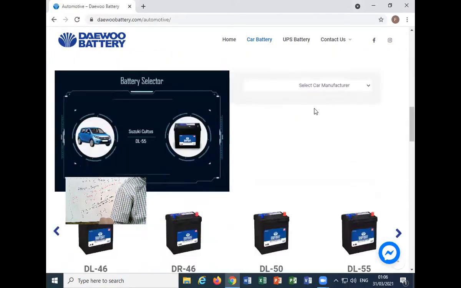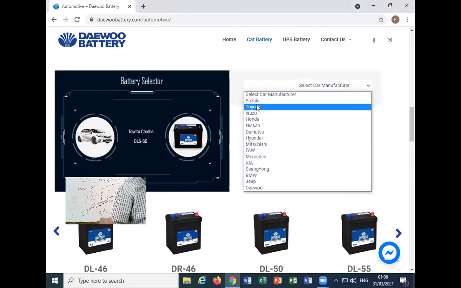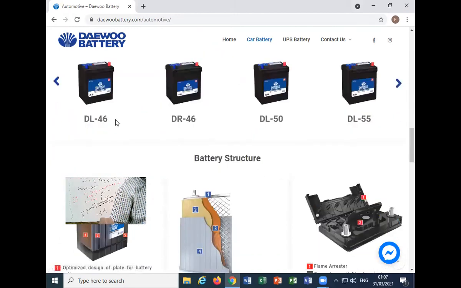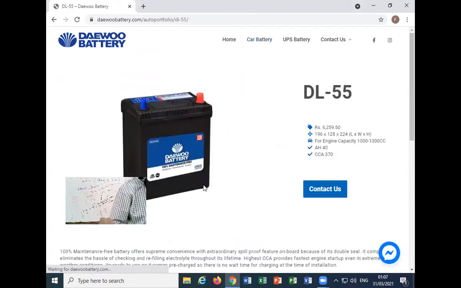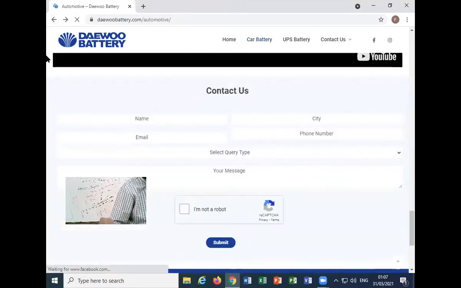Let's find out. Okay, here we have the batteries. Let's look for DL55. They have mentioned the cost, and now they have mentioned the ampere hour, 40 ampere, but they have their own units, CCA 370. This is basically the indication of the C rating, but they have not mentioned the exact C rating of this battery here.